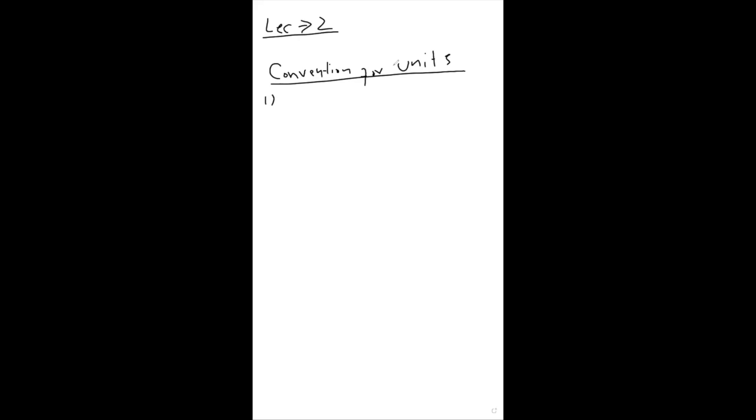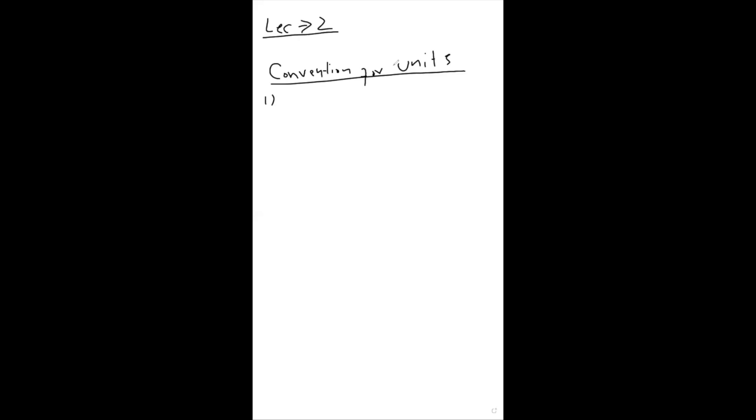The first one is that whenever you are writing the full name of a unit, then you don't need to make the first letter capital. But when it is named after some scientist, then its symbol, or single letter name, should be capital.